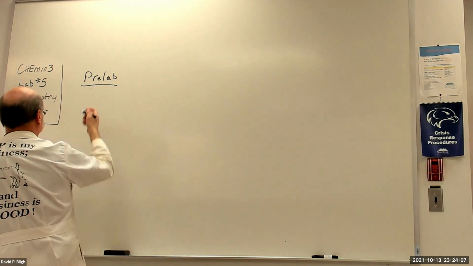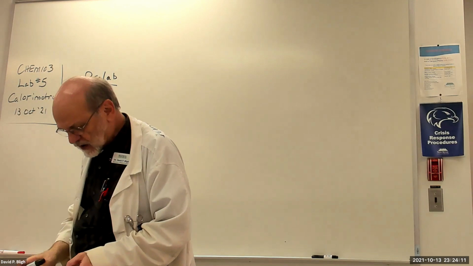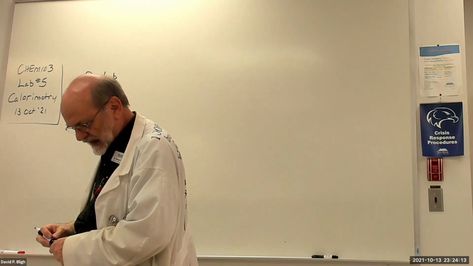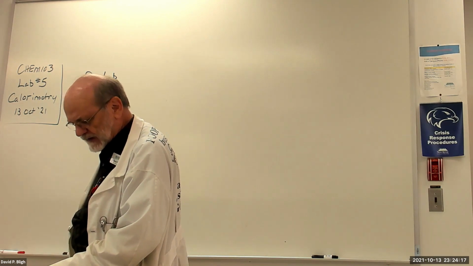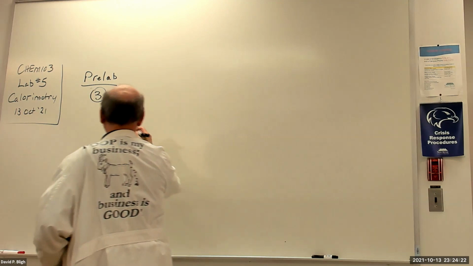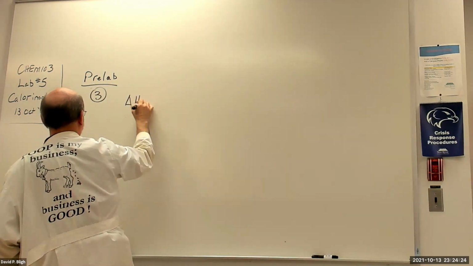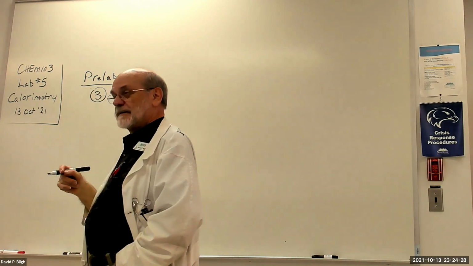And one last one, before we actually talk about the lab. The enthalpy of solution of sodium hydroxide is minus 44.5 kilojoules per mole. Enthalpy of solution. So what does that mean?